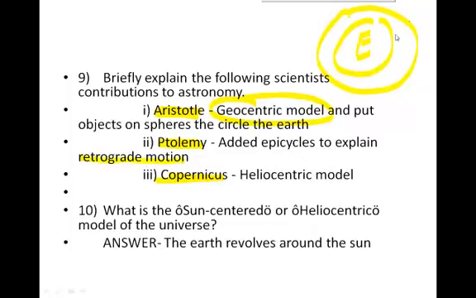Ptolemy came up with the idea of epicycles and then later explained the concept of retrograde motion. So it appeared that objects in the sky from Earth would travel backwards. And Ptolemy said, well, that's because, let's say this is the moon. Let's say the moon is traveling around this way, and every once in a while it would seem to travel backwards compared to, say, a planet like Mars.